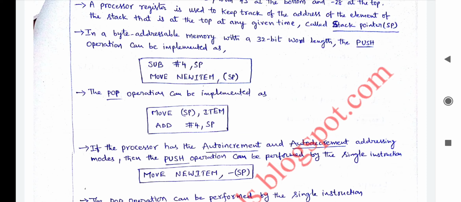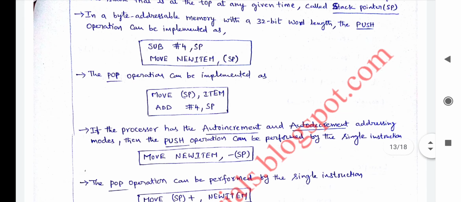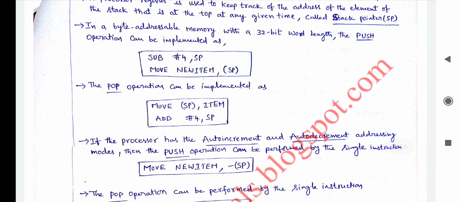A byte contains 8 bits, so 4 eights are 32 bits. Then Move NEWITEM, (SP). New item means whatever item you wish to insert into the stack.